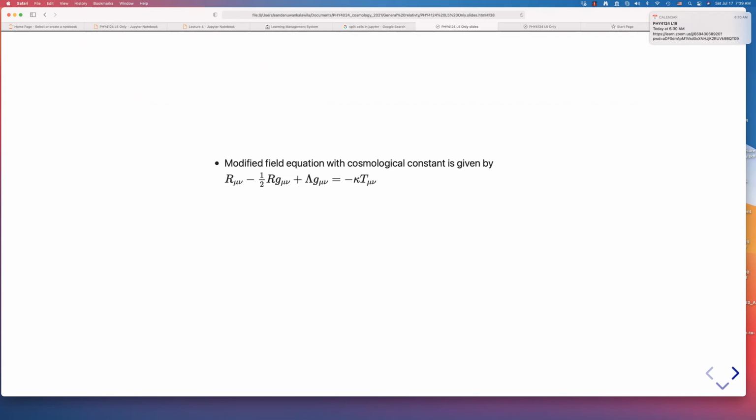When you write a tensor equation, make sure that it's a valid tensor equation by looking at all these ranks and everything. However, Einstein's final equation after the modification is this one right here, by adding a constant.